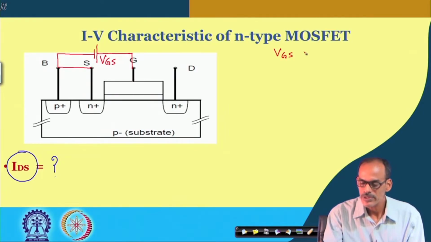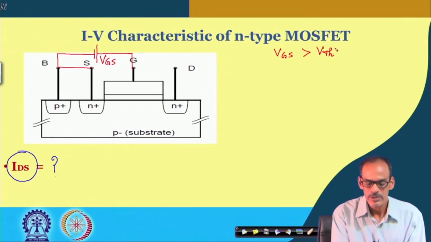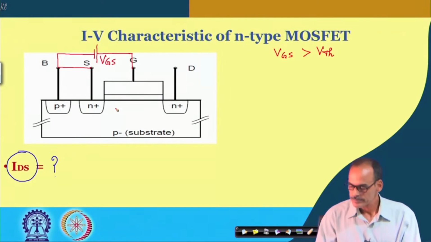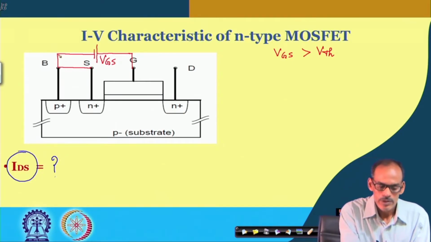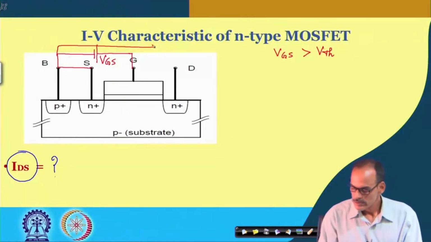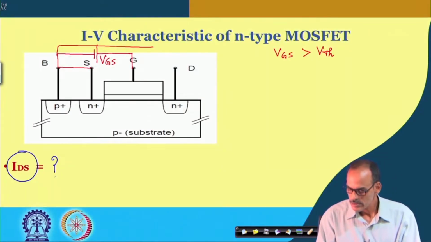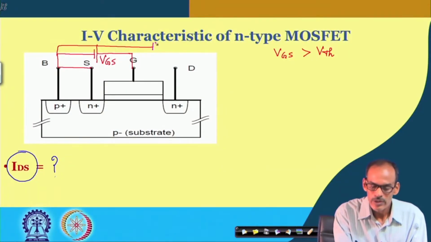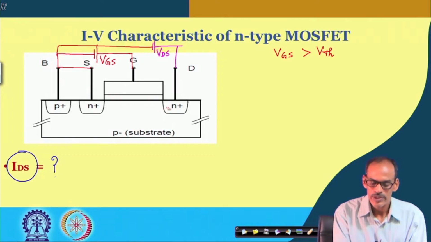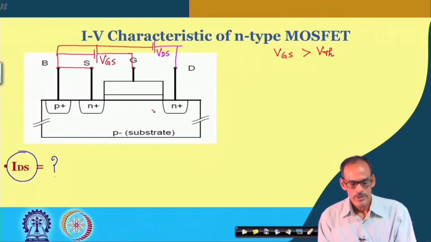So, the first assumption is that this is higher than VTH, that means the channel is existing, and then we apply the other potential. So, we do have the VDS, which is providing the lateral field.